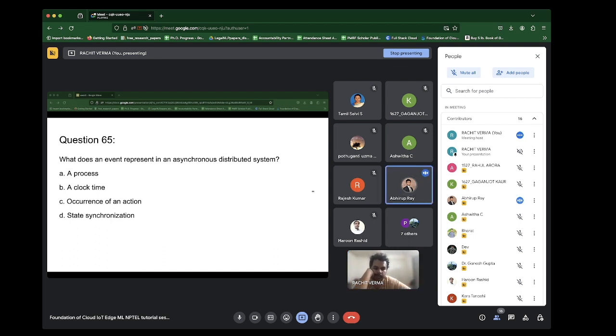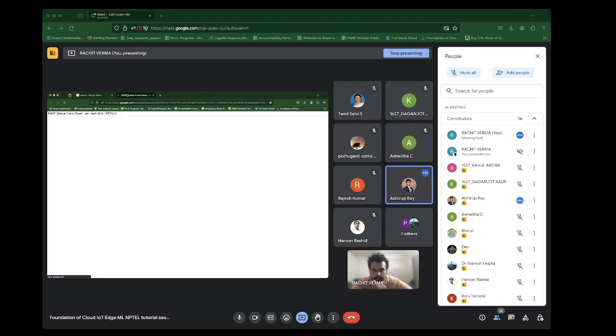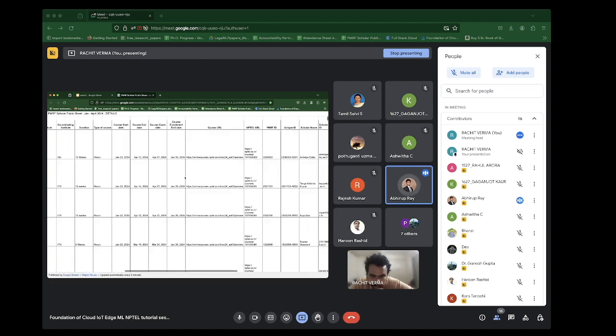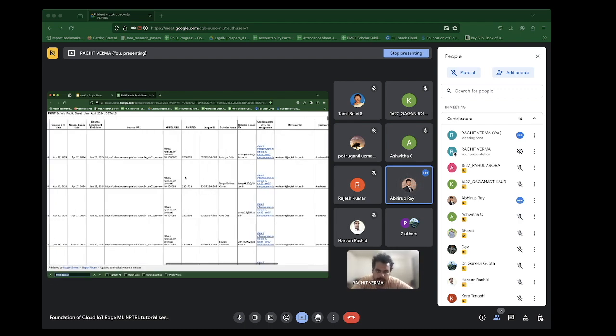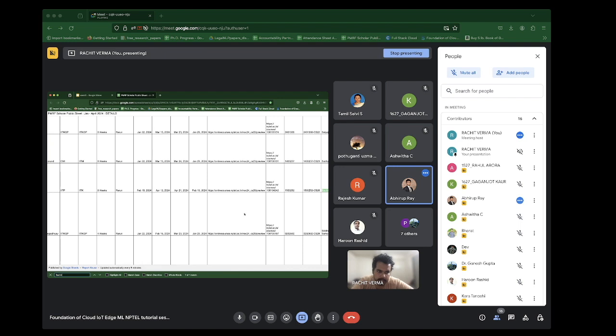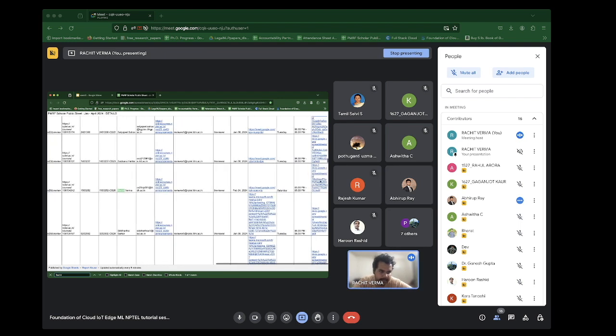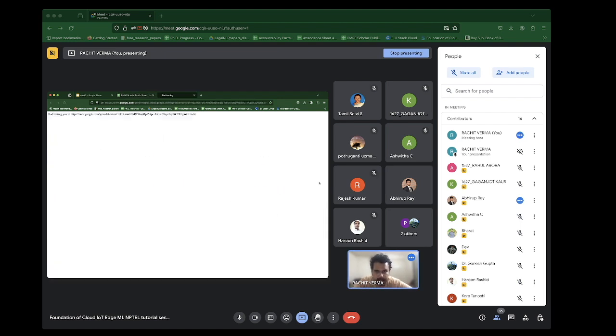This is the problem solving session for F24. There is no such problem solving session, there is only feedback. Just a second. I'll send a link to the sheet to you.